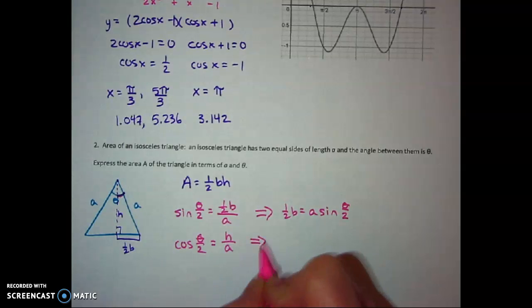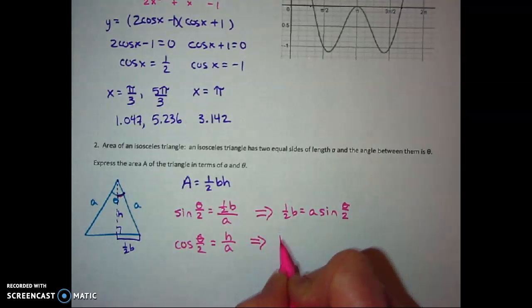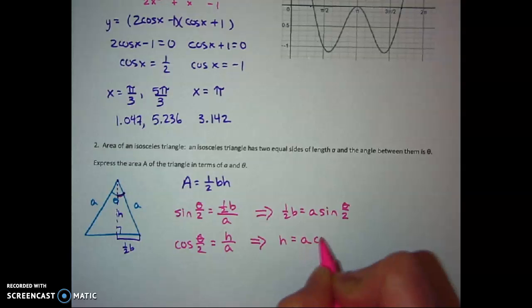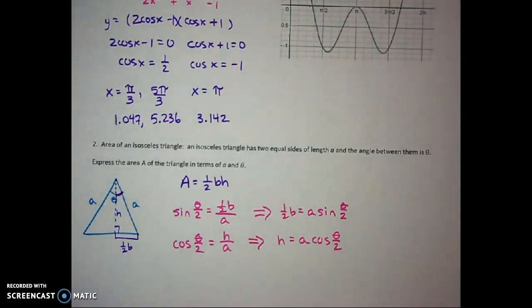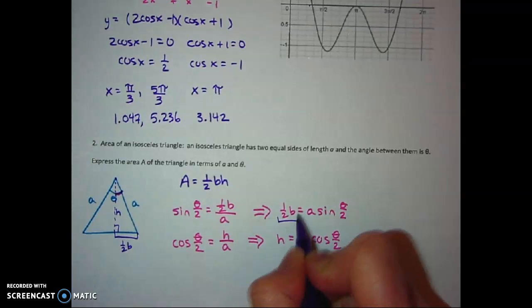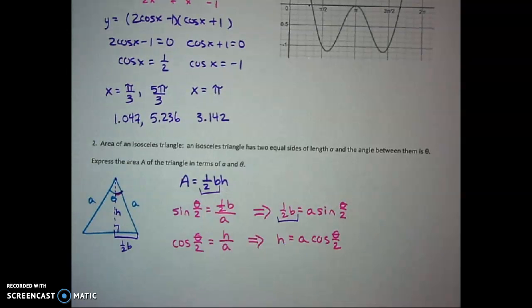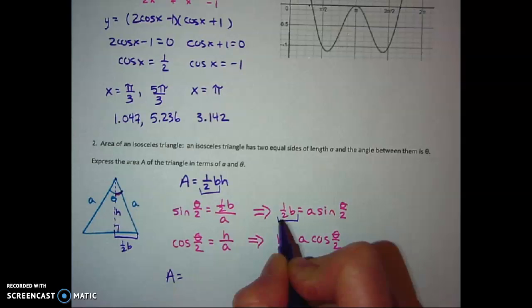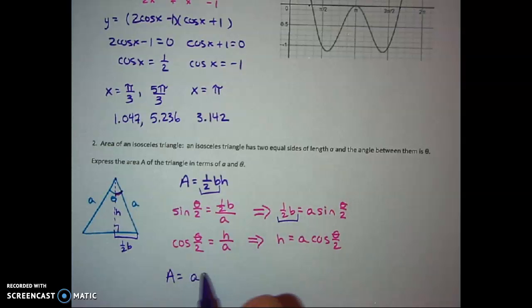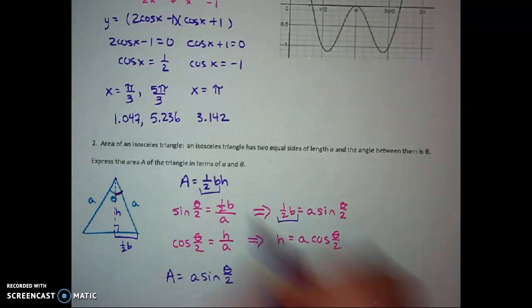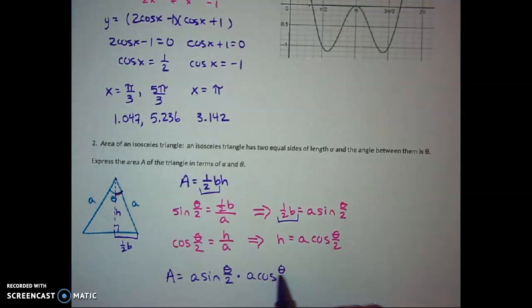And again, if I solve that for h, I get that h equals a times the cosine of theta divided by 2. Now my area: 1/2 b is a sine of theta over 2, and my h is times a cosine of theta over 2.